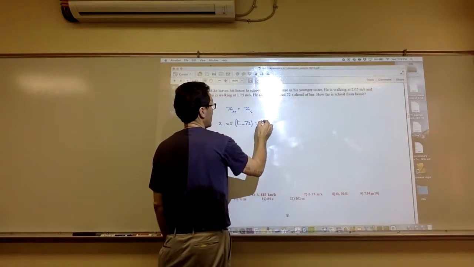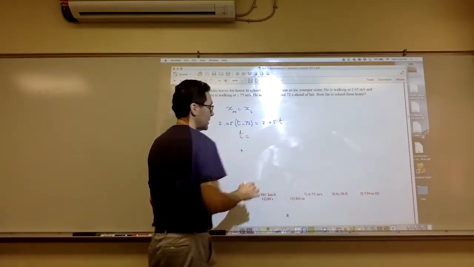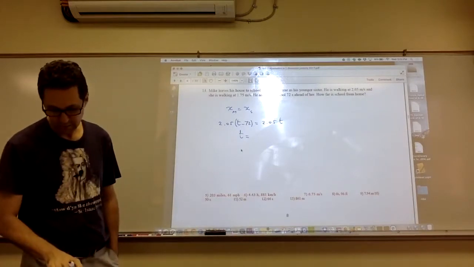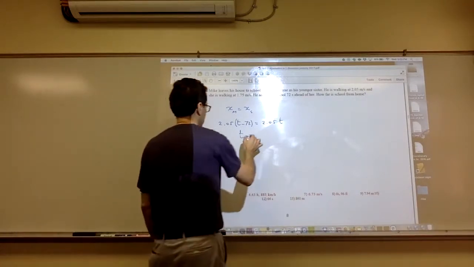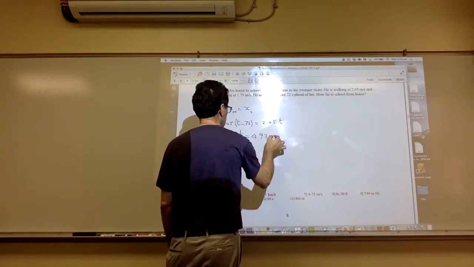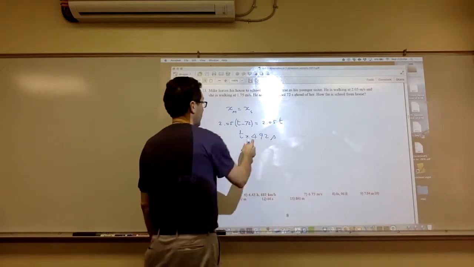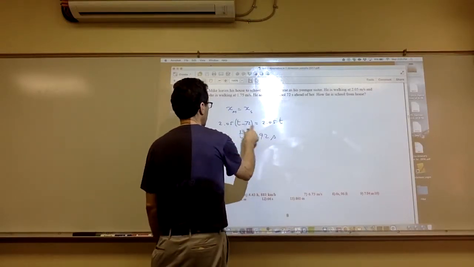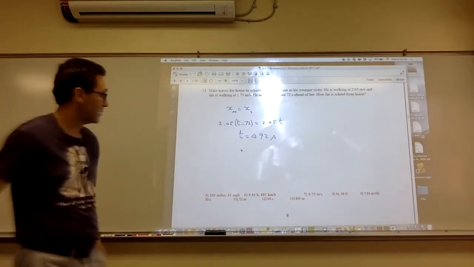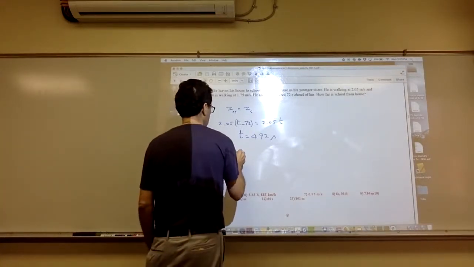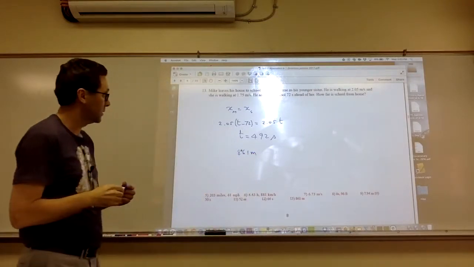Equals 2.05 times t, and you would solve this for t, which I did. 492 seconds. Now, how far is school from home? You can just take 492 and plug it into either one of these equations, and you should get 861 meters. That's how you pretty much do this.